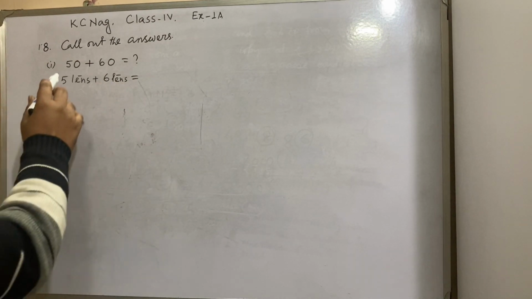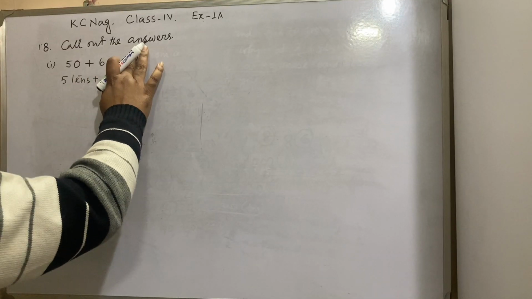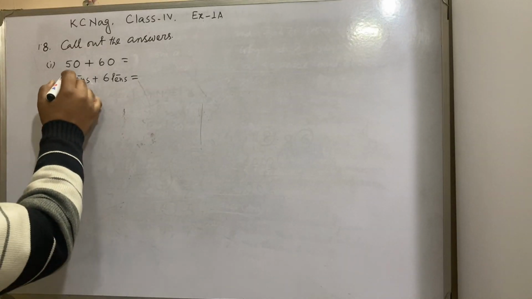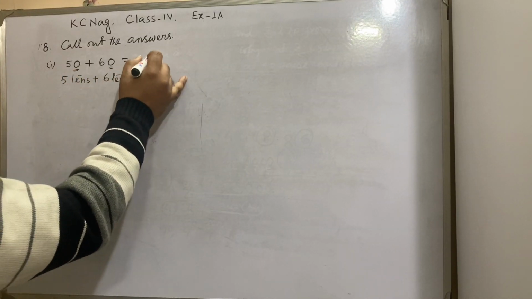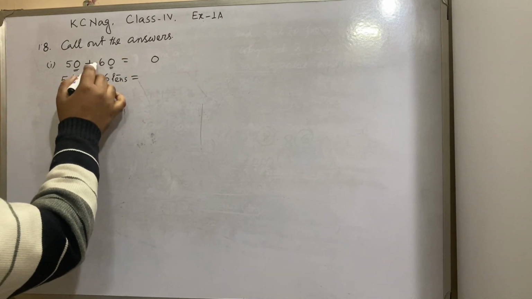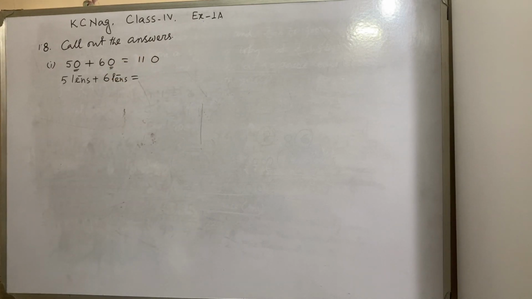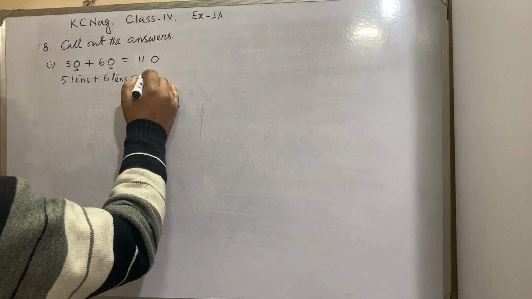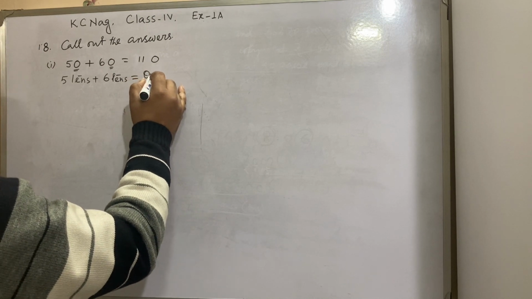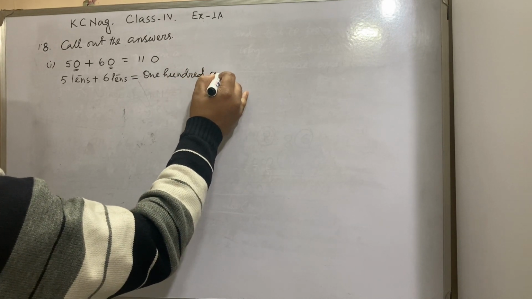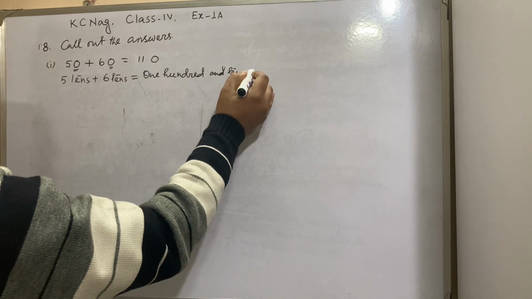So 50 plus 60 is equal to, what is the sum of these two? First, when there is 0, 0 plus 0, put 0. And 5 plus 6, just count, it will become 11. Okay, so it is 110. This is the answer.